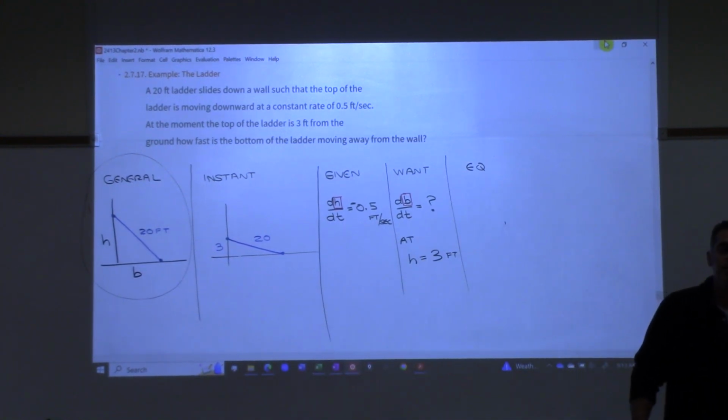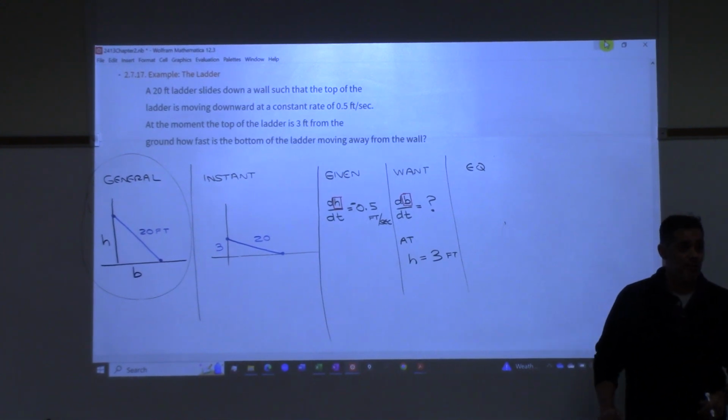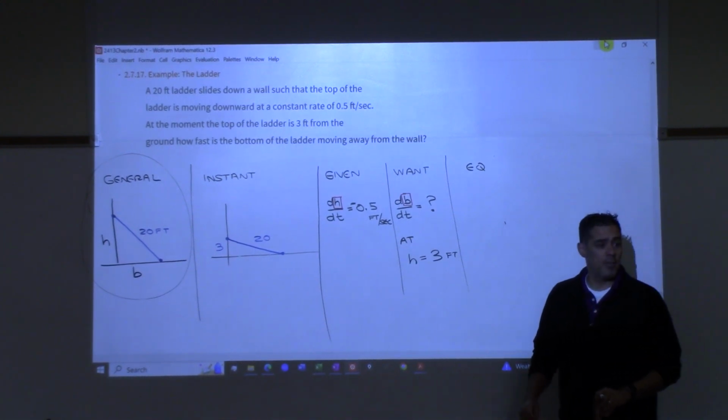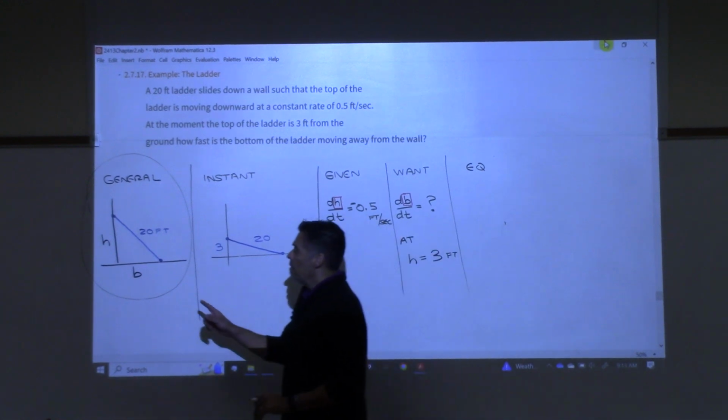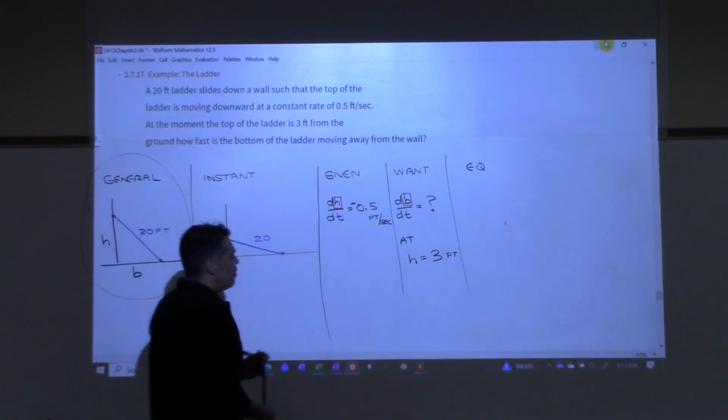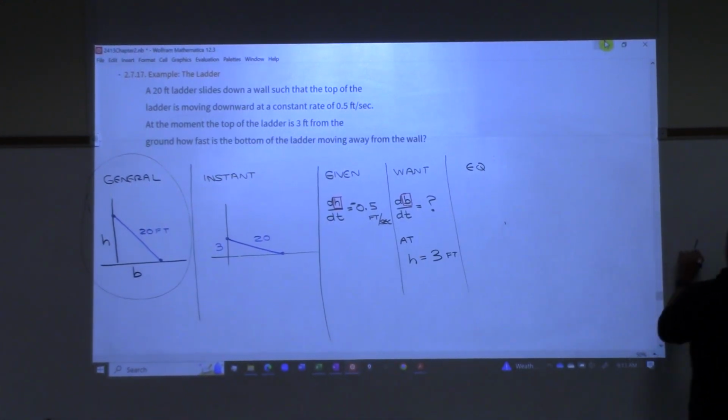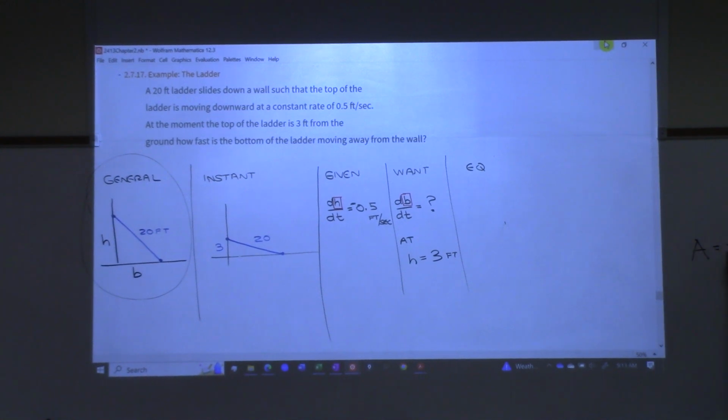Say again? So that's the area formula, right? There's an area formula for that. The problem with the area formula is this. If you use area is 1/2 base times height, then yes, B will be in this equation, H will be in this equation, but so is A, capital A, and we don't have any information about capital A. You have to think about what would happen if you differentiate this now.